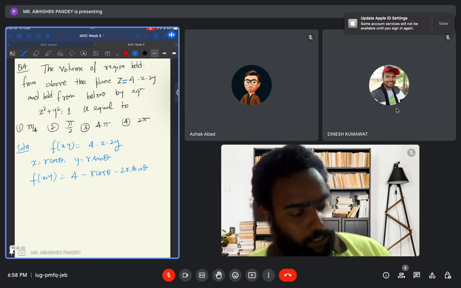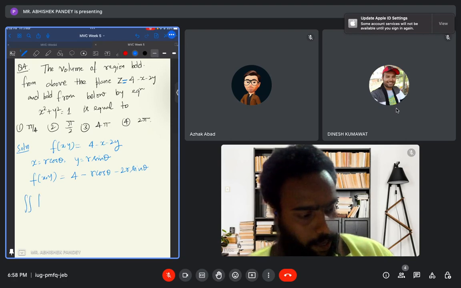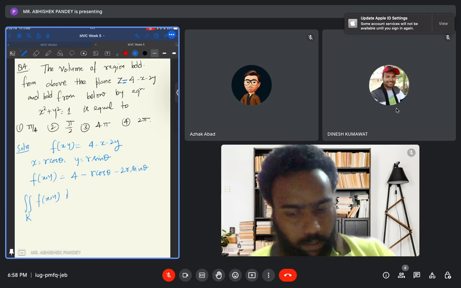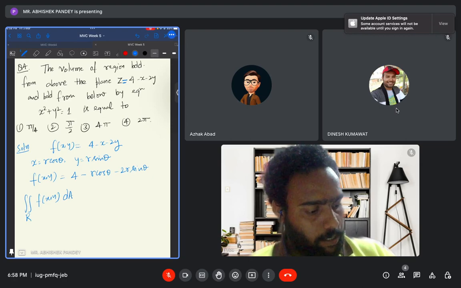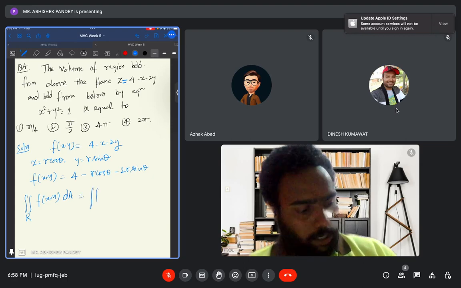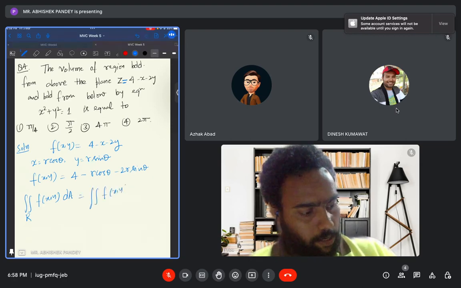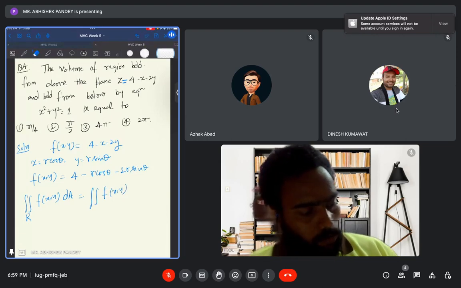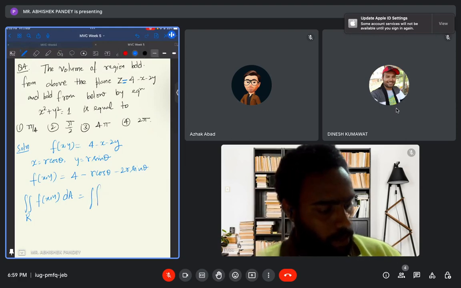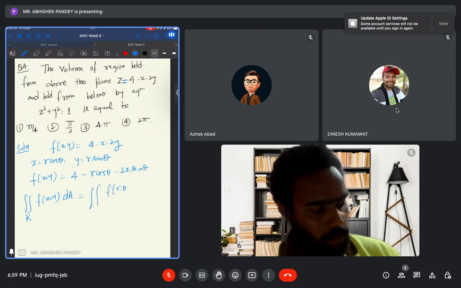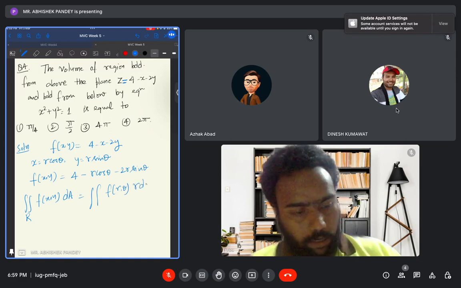So the double integral over the region R of f of x comma y dA is nothing but the double integral of f of r comma theta r dr d theta.